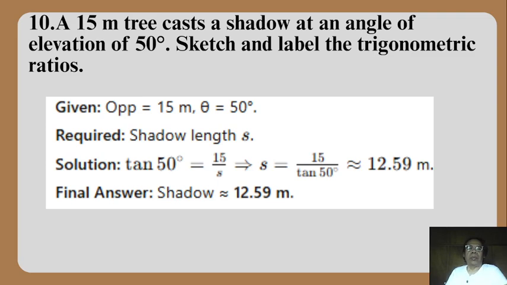In order to determine the shadow length, which is the adjacent, because we are given the opposite and the angle theta, our solution will be the tangent ratio or the tangent function.